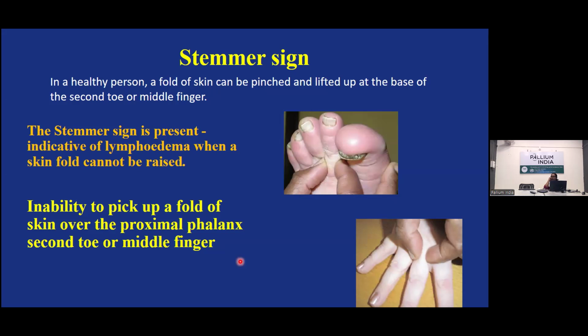So the Stemmer sign being present is a positive sign of lymphedema. It indicates lymphedema when the skin fold cannot be raised: inability to pick up the fold of skin over the proximal phalanx of the second toe or the middle finger. That is Stemmer sign. Clear?